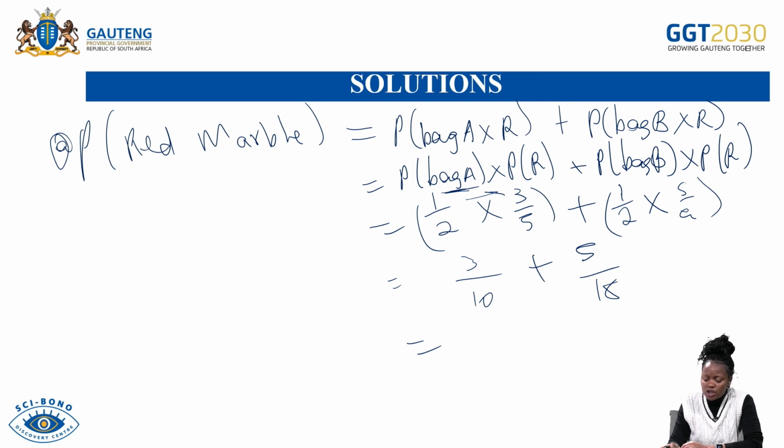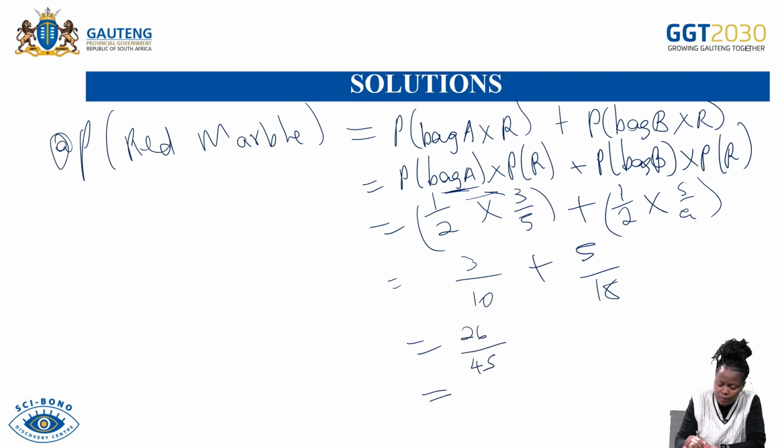So if you add everything, you'll get 26 over 45, which, if you write it as a percentage, is 57.78%.